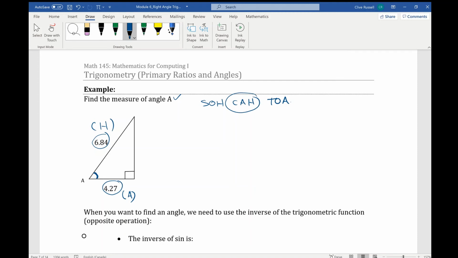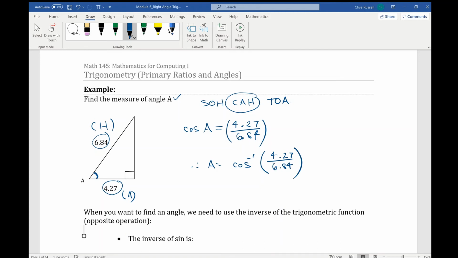So we set it up just as we did before. The cosine of angle A is our adjacent, which is 4.27, over hypotenuse, which is 6.84. Now you don't need to actually work the right side out. You could just say that therefore A is the angle whose cosine is, which is cos -1 of 4.27 over 6.84.